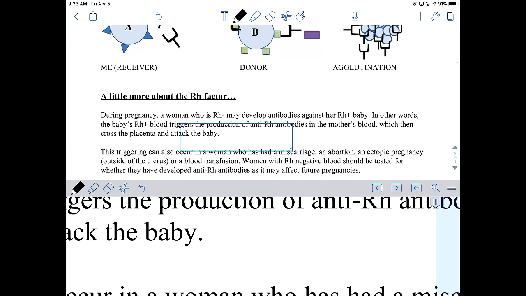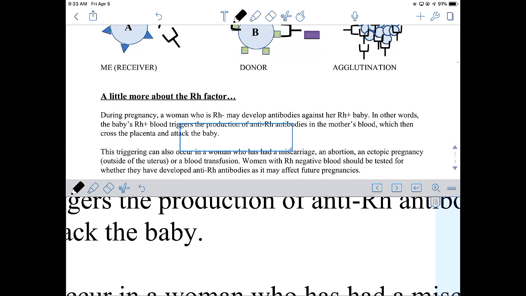It'll probably be, at the best, a 3 to 1. So it's quite a high chance that if you have an Rh positive father, the child will be Rh positive. Most likely, both of my children are Rh positive, even though their mom is Rh negative.